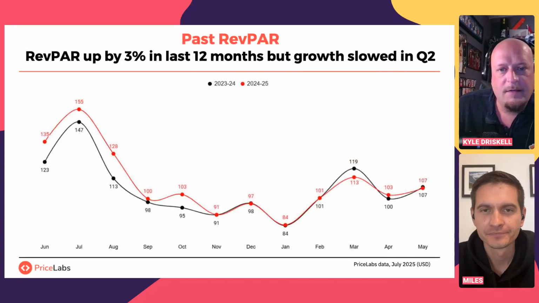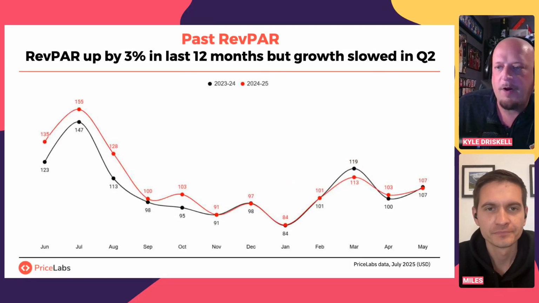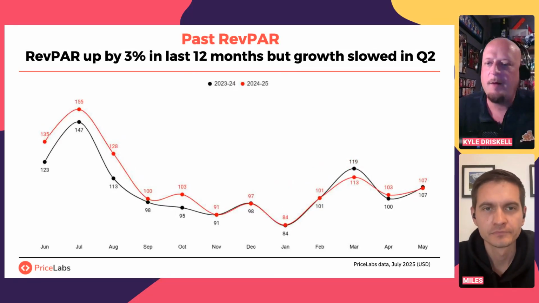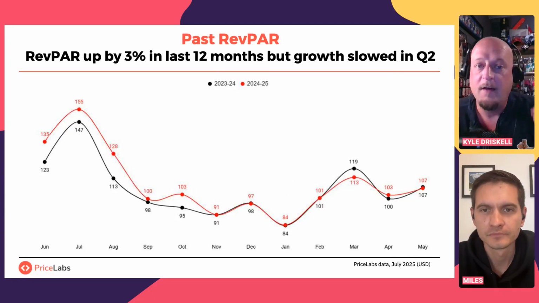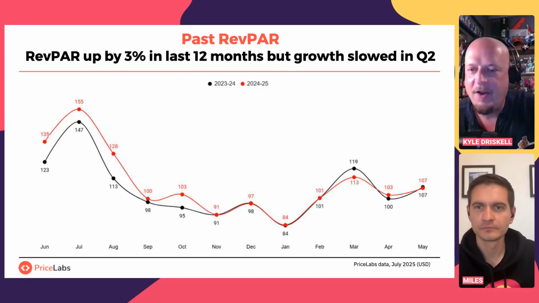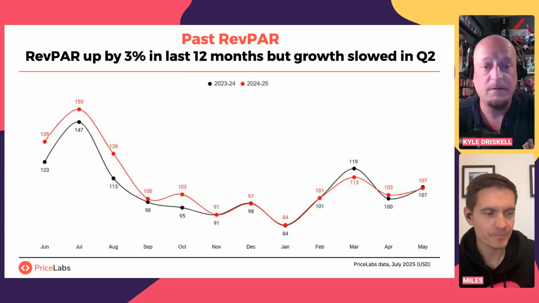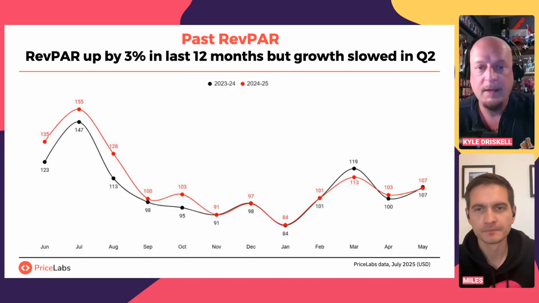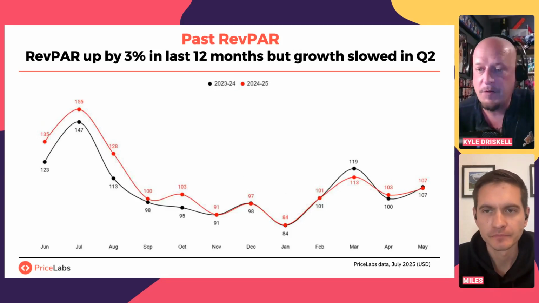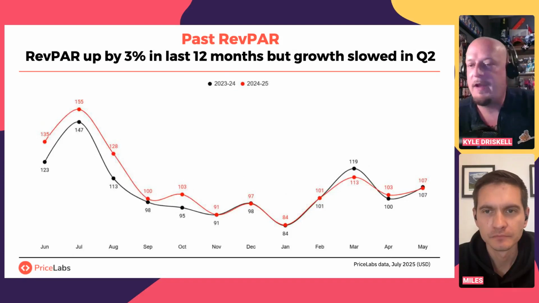All right. So now let's talk about RevPAR. RevPAR is that combination that I talked about of occupancy and ADR. What we're seeing right now is an ADR number: how much money do you make per available night? So if you have 30 nights that are available and you get 50% booked, that's a great indicator.